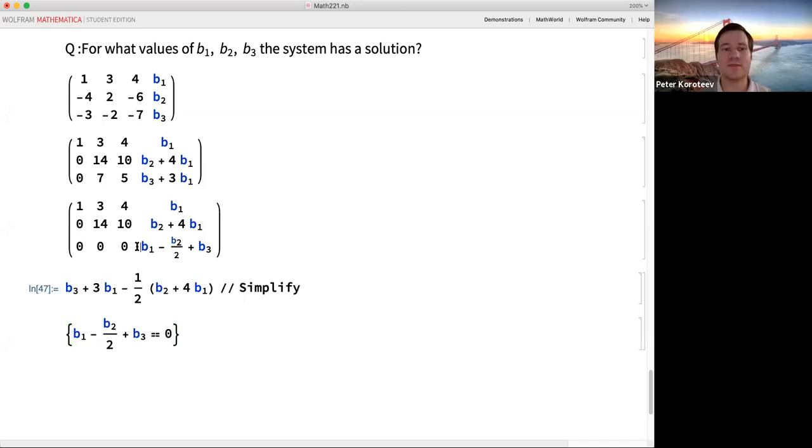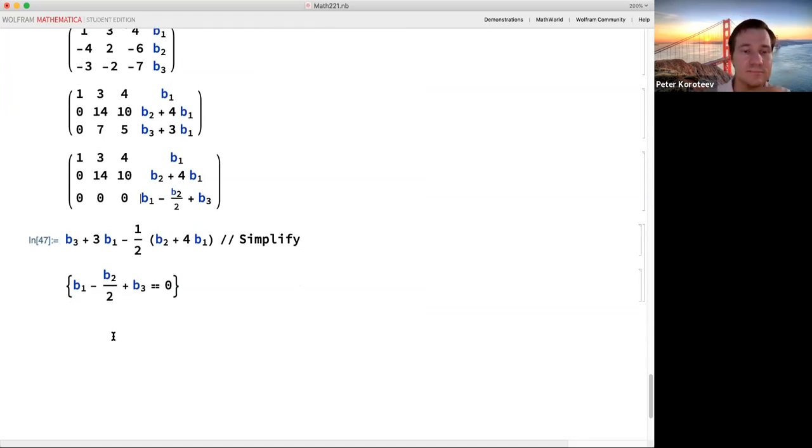Otherwise we have 0 equals this number. So the only consistency check is when this is equal to 0. In other words, b1, b2 and b3 are bound by this linear relation. Right? Okay.